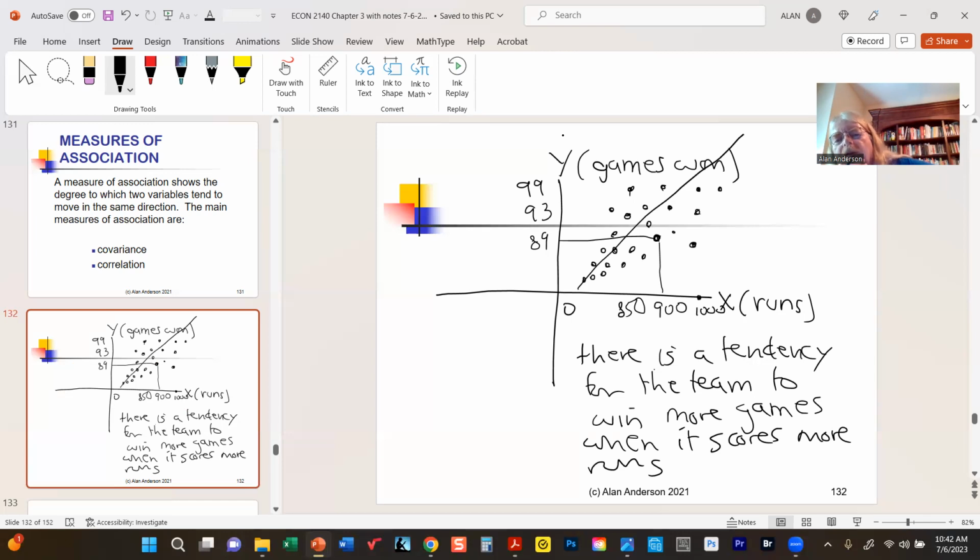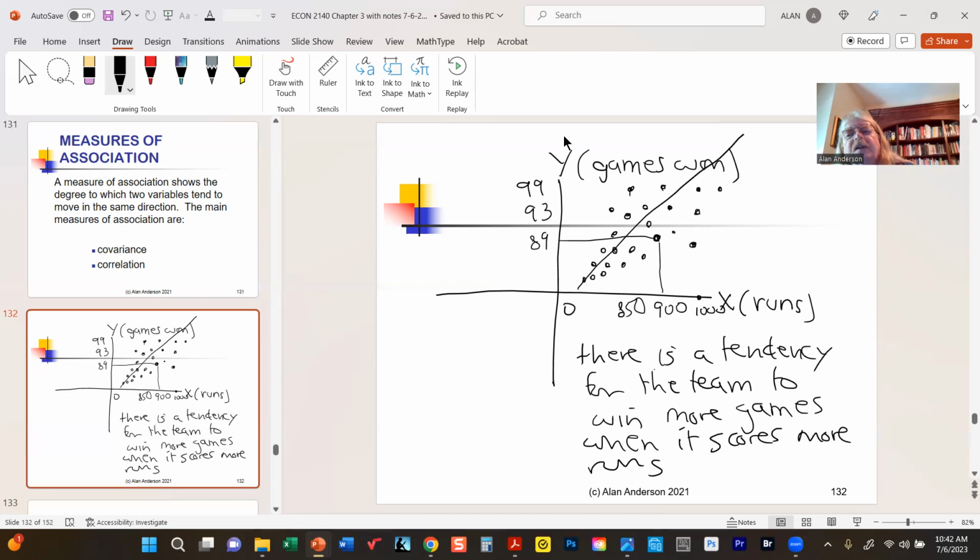The reason why they're not all on that line is because other variables influence how many games a team wins, in particular the pitching. You can have all the runs if you want. If your pitching isn't good, you're not necessarily going to win a lot of games. There have been a lot of teams throughout baseball history that scored a lot of runs, and yet they didn't even make the playoffs because their pitching was so terrible. But at the same time, in general, the more runs a team scores, the more they tend to win.